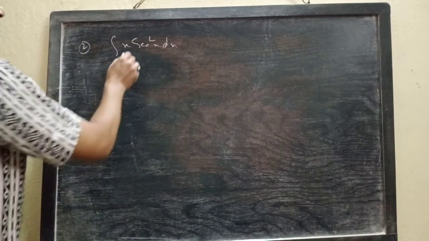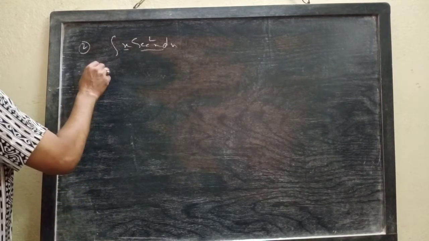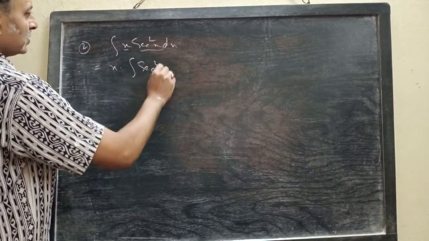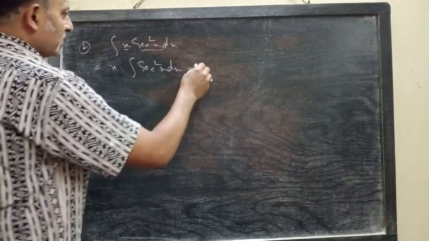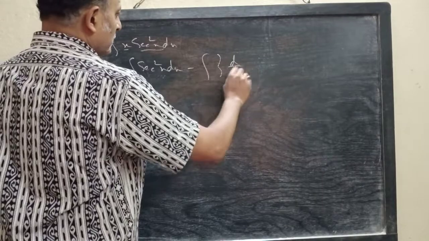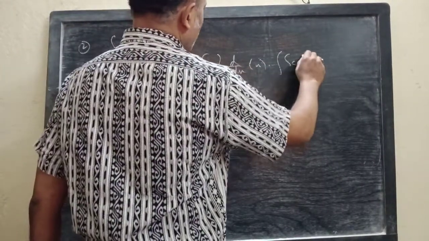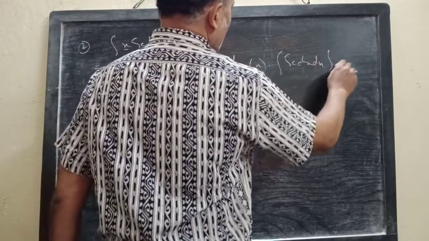Look, algebraic, trigonometric, A stands before T. That's why you have to choose x as the first function. x integration sec square x dx minus integration derivative of first function, integral of second function, and the whole integral.